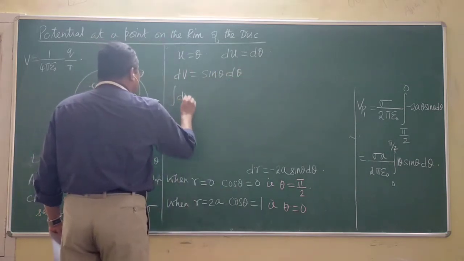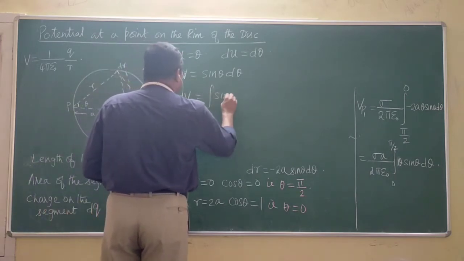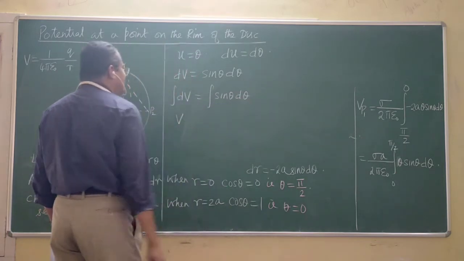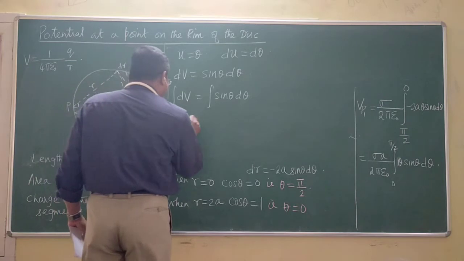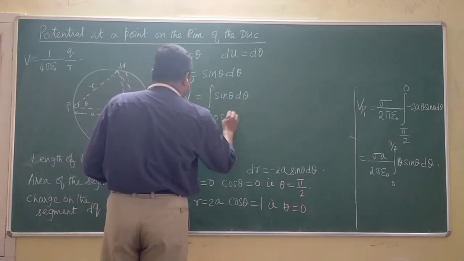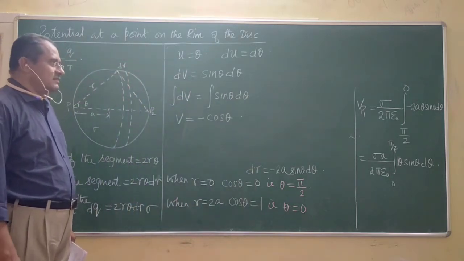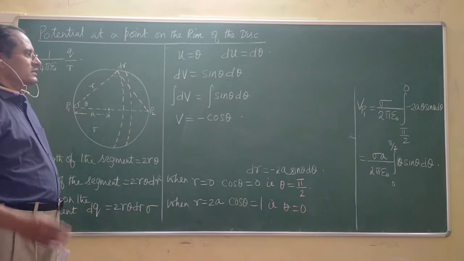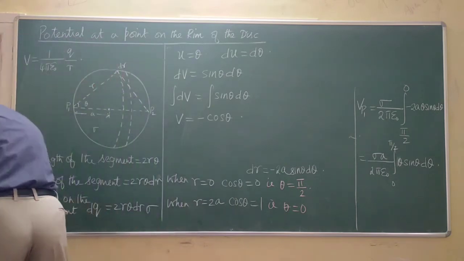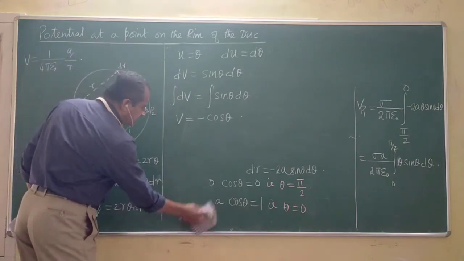Then integral dv will be equal to integral sin theta d theta. If you integrate dv, v is equal to, if you integrate sin theta, minus cos theta. I suppose you follow what I am saying. Integration by parts, you have been taught in your class 11 itself. Okay? Now, let me substitute. Let me rub this off.